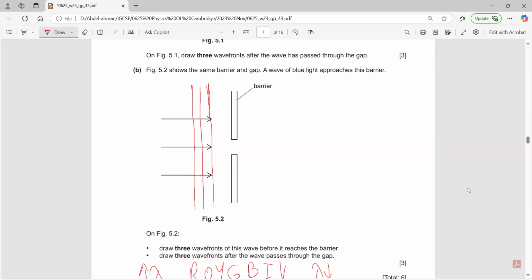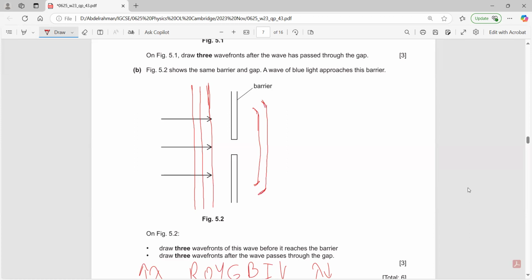But if you have these wavefronts which are very close together, and you draw them with an even shorter wavelength, you could technically draw them as straight lines with equal distances which are bending at the end.